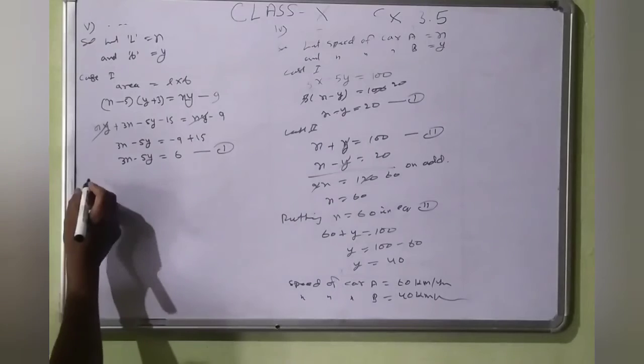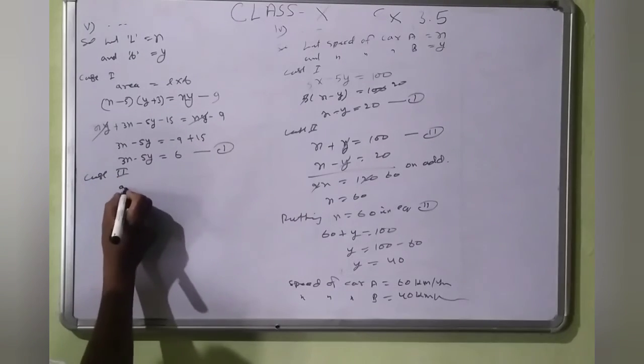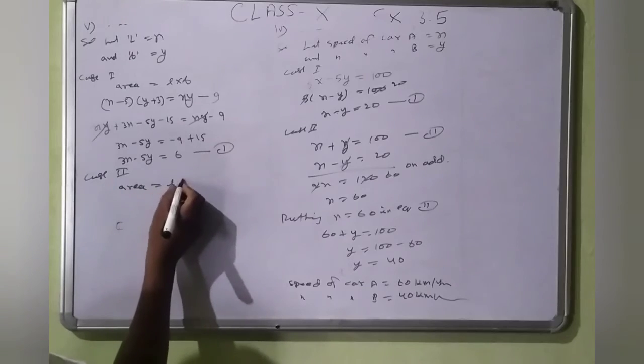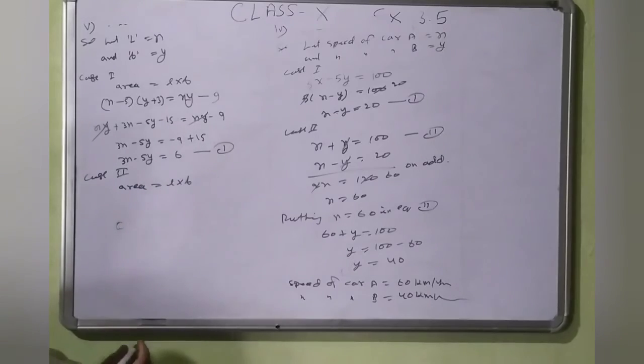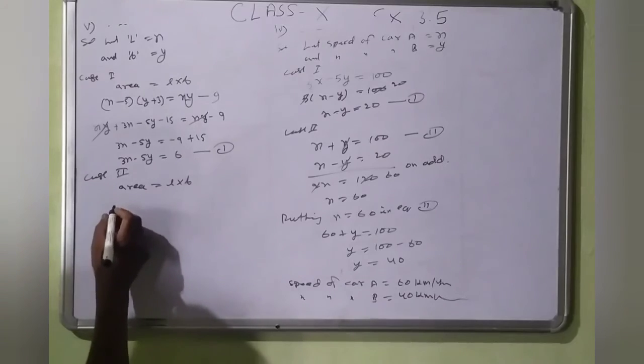Now case second. Area is equal to L into B, length multiplied by breadth. Now if we increase length by 3 units and breadth by 2 units, both are increasing.